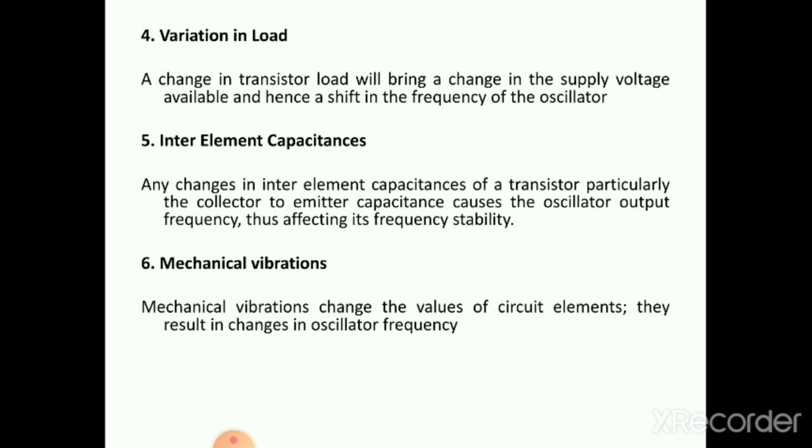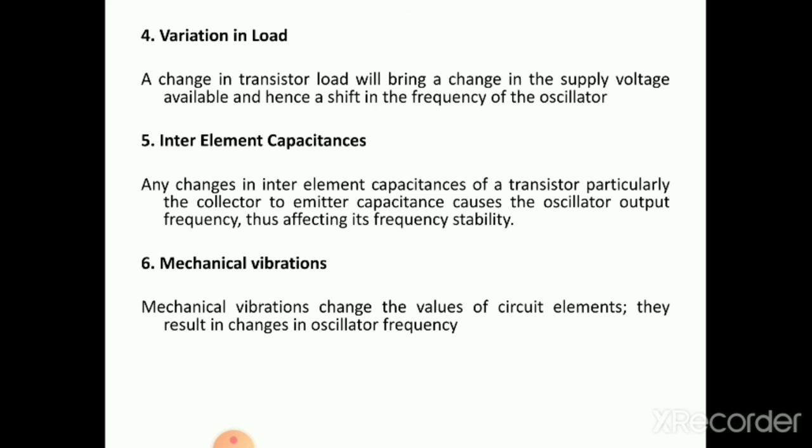Variation in load: a change in transistor load will bring a change in the supply voltage available and hence a shift in the frequency of the oscillator. Inter-element capacitance: any change in the inter-element capacitance of a transistor, particularly the collector to emitter capacitance, changes the oscillator output frequency, thus affecting its frequency stability.